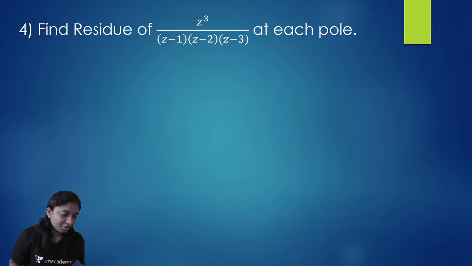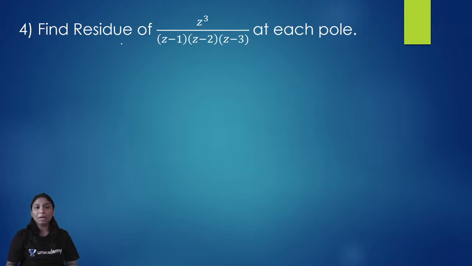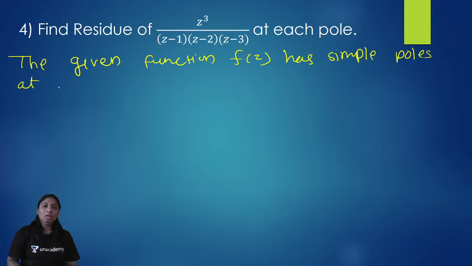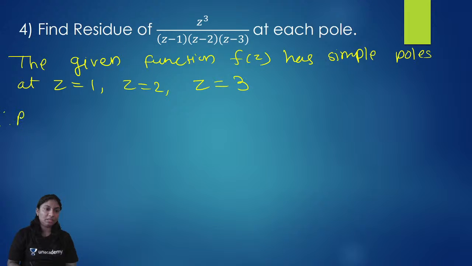The given function f(z) has simple poles at z = 1, z = 2 and z = 3. So we will calculate the residue at z = 1.